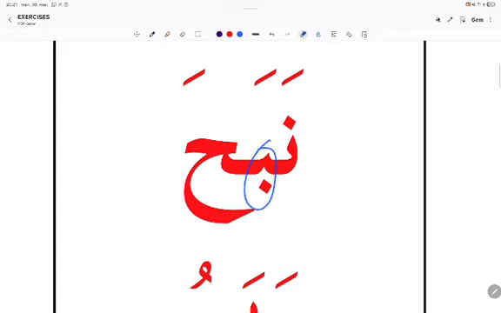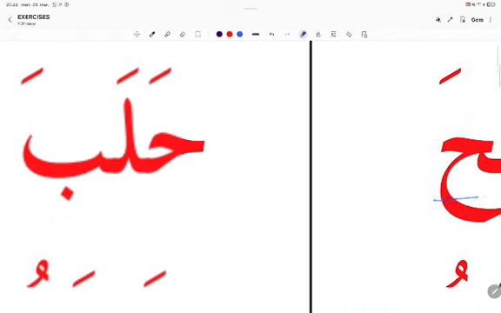This one has a dot below it and we can see one tooth. It's ba, fatha, ba. And at the end, ha, fatha, ha. Na, ba, ha. Good.